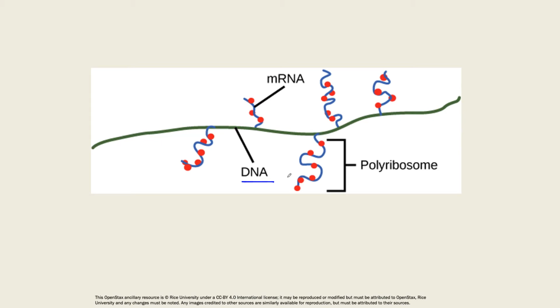So I want you to look at this for just a minute and maybe pause the video, and tell me, what kind of cell is this in? Is this a eukaryotic cell? Or is this a prokaryotic cell? And how do I know? So pause your video, think about it for a second, and then when you're ready, come back and we'll discuss.